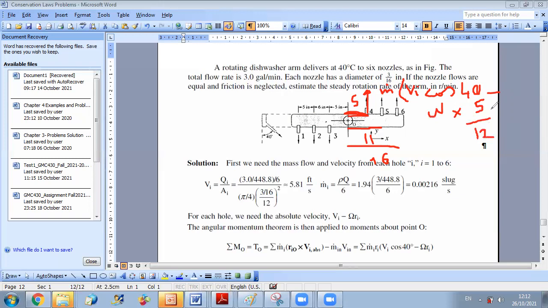Okay, now since these two, if you do this alone and you do this alone, you will get the same result, because they are equal in magnitude and they have the same distance from O. Okay, because the RI is the same for both. This is why I told you to take the two together as a couple, because if you take each one alone, you get the same result and both of them give you a counter clockwise moment.